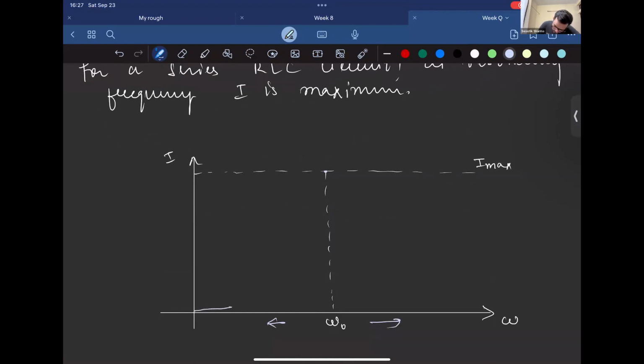So if we draw roughly, this is how the variation of current with respect to frequency would look like. I'm not drawing it to scale, but that's how it will look, right?